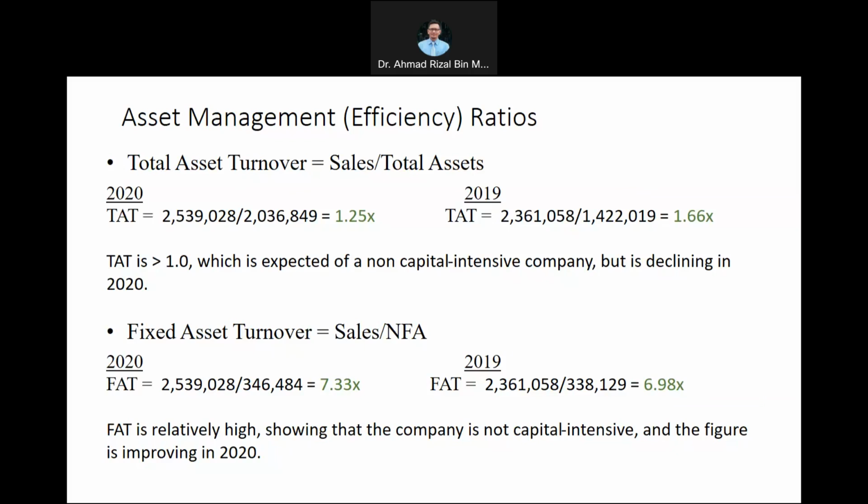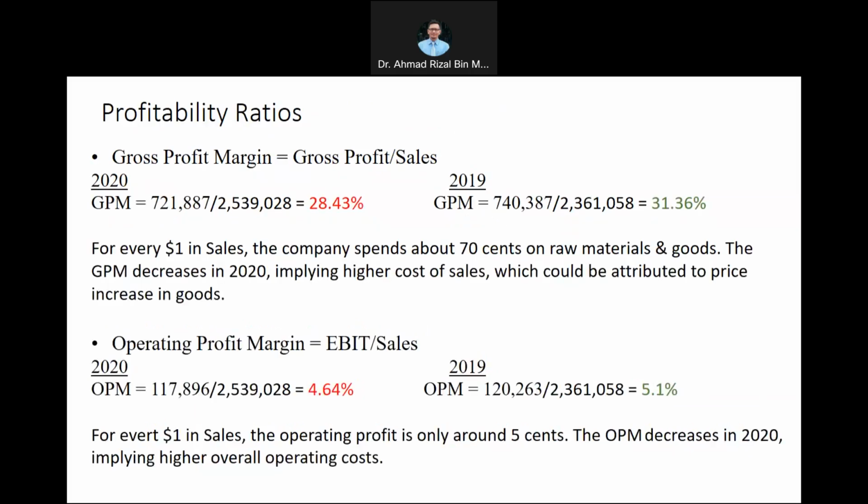This is where we compare with your competitor, with the other companies in the industry or in the sector, to see whether you are firstly capital intensive or not, or secondly, how efficient are you in utilizing your fixed assets in generating the revenue as compared with the other competitors. That is how you use these ratios.